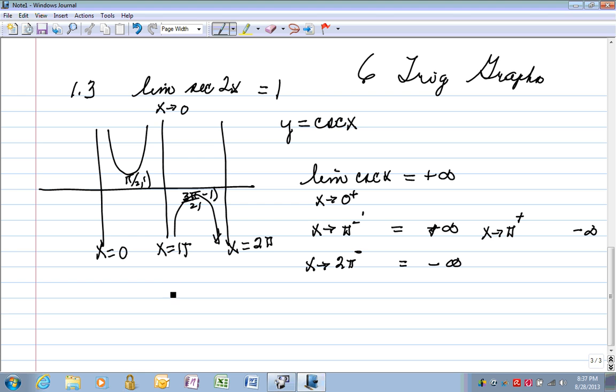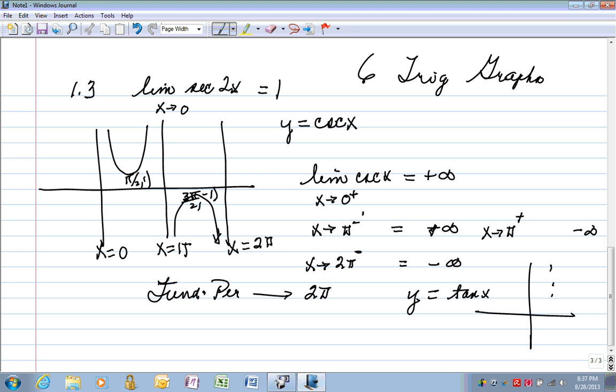I know that the fundamental period of a cosecant is 2 pi. I know that the fundamental period of a tangent graph is pi units. I know that in y is equal to the tangent of x, my graph has asymptotes at pi over 2 and negative pi over 2, and that is what it looks like.